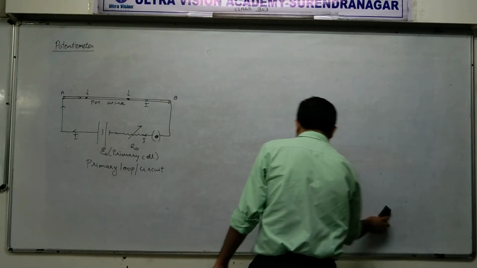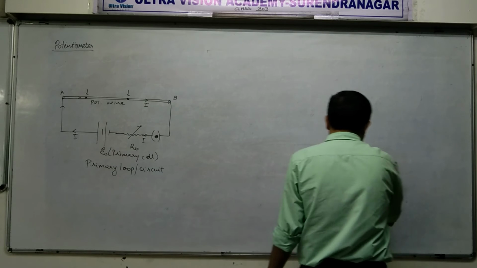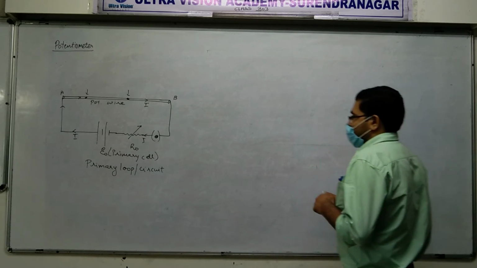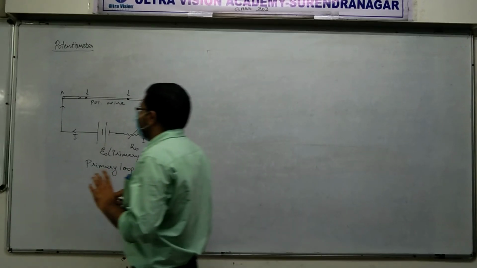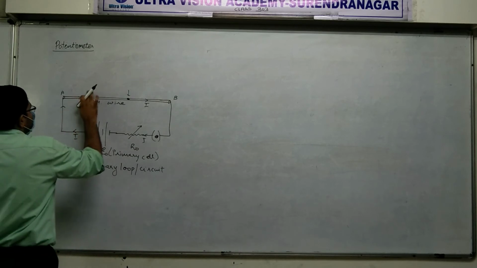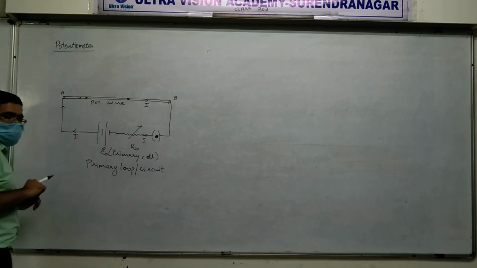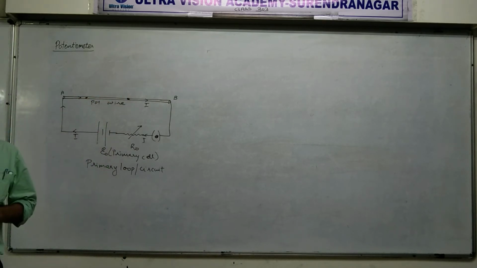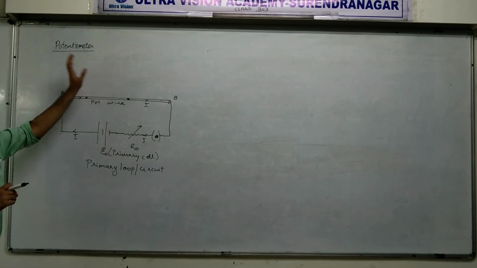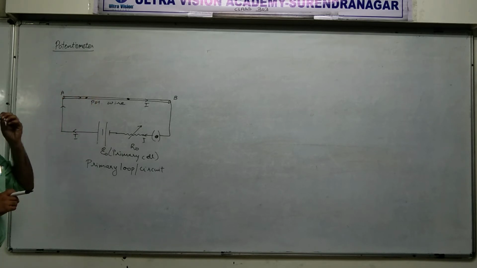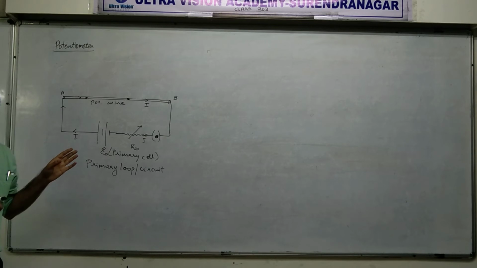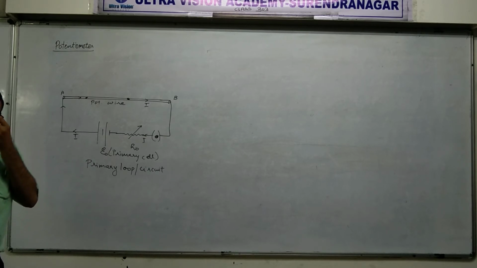Now, there are two basic uses of potentiometer that we are going to learn. First of all, I am going to draw simple diagrams and explain the concept. The diagrams in the book are quite complicated.